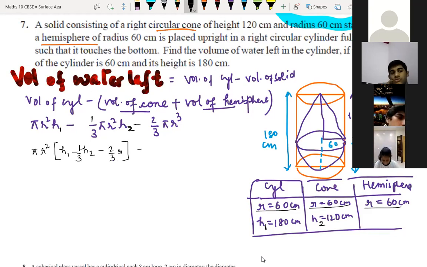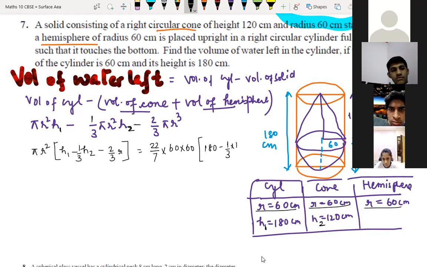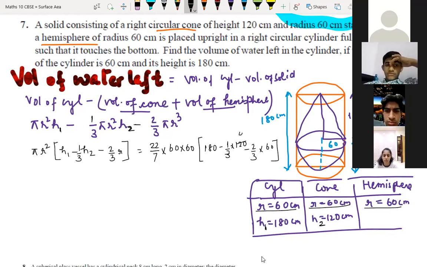Then what we can write over here: 22 by 7, radius r square 60 into 60, multiply by h1, that is 180, minus 1 by 3 h2, that is 120, minus 2 by 3 radius, that is 60. So cancel here, 3 4s are 12, 3 20s are 60.